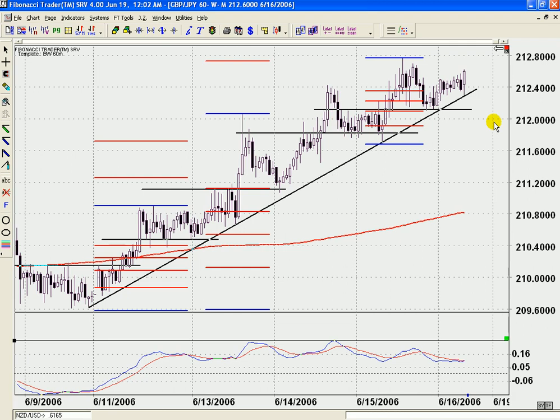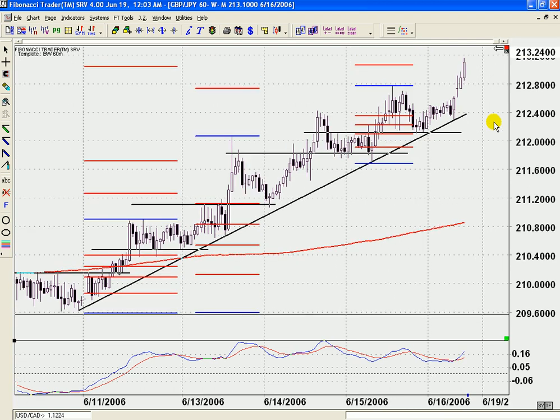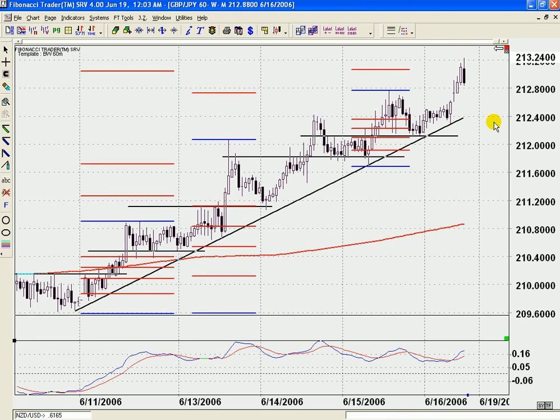Comes back and touches the trend line perfectly. This is interesting, it's a bit of a shooting star doji, which is quite an interesting scenario. And could lend to some pullback here, but probably a little bit of a bounce maybe. No, it continues upwards.